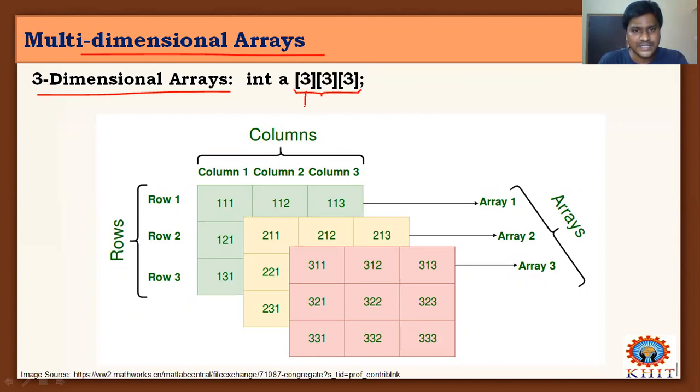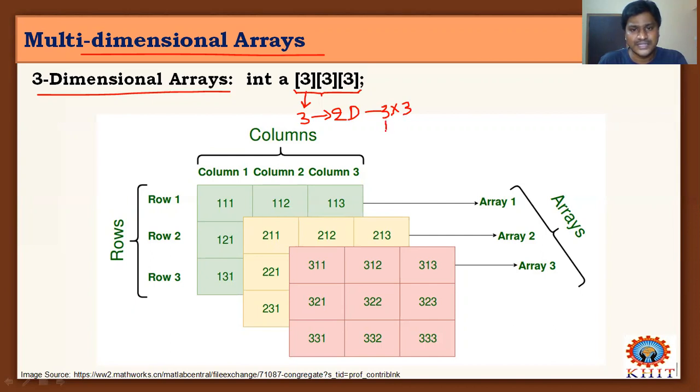So the first square bracket set indicates that there are 3 2D arrays, of size 3 rows and 3 columns, right?